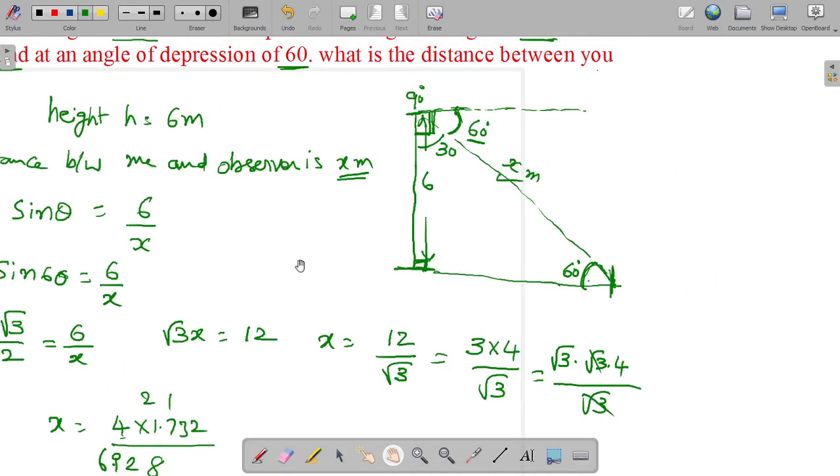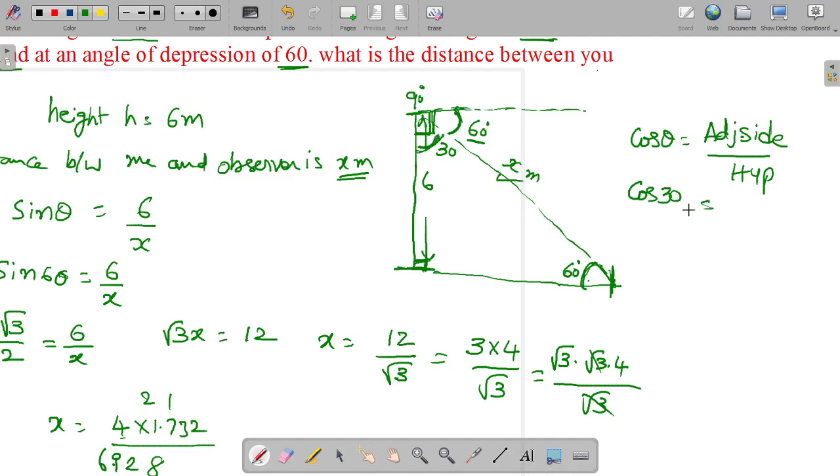Okay, there is also another method. Here the angle of depression is 60 degrees, so the other angle is 30 degrees. Cos theta is equal to adjacent side by hypotenuse. Here it is cos 30, because the angle is 30 degrees.